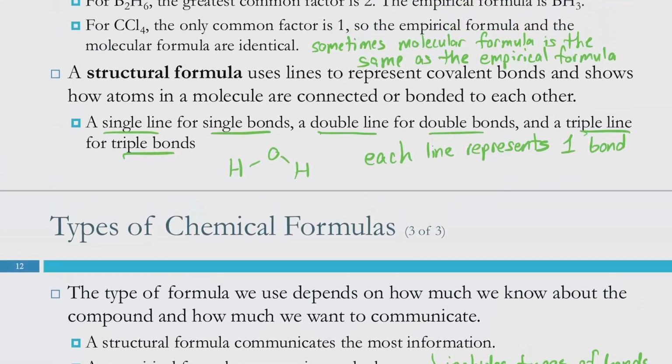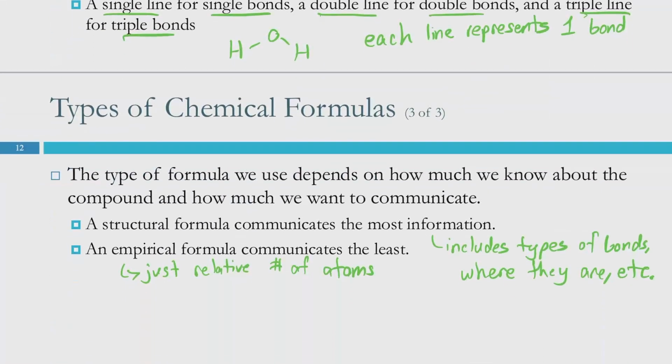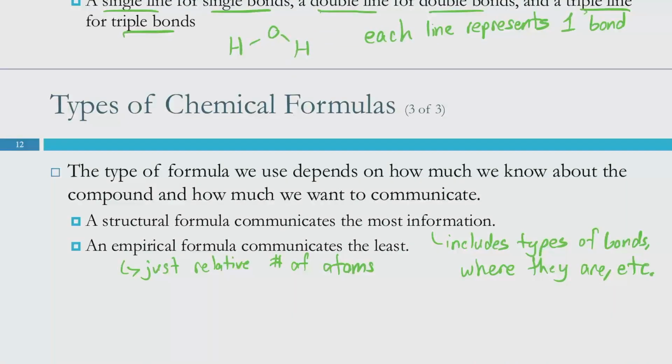If we have a molecular formula, we can get the empirical the other way. We can't necessarily go from an empirical formula back to a molecular formula. We need extra information to do that. Similarly, we could take a structural formula, turn it into a molecular formula, and turn that into an empirical formula.